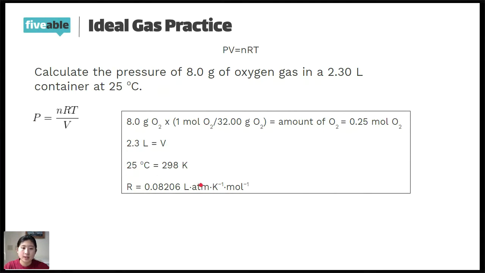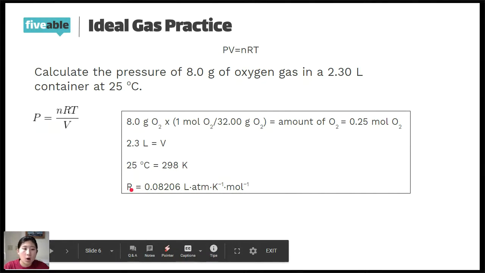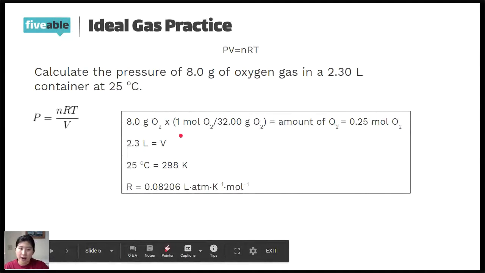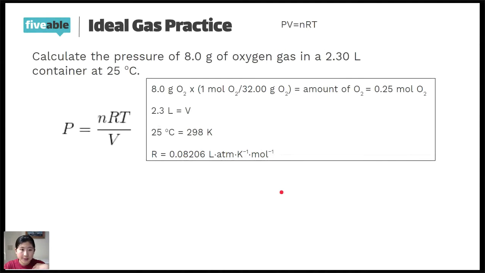That's because the gas constant, after you multiply all these in and divide over V, the atm comes out and the L cancels. So that's how the equation works. Basically you want to match up the R constant, the one that has the units that match up with what units you have.